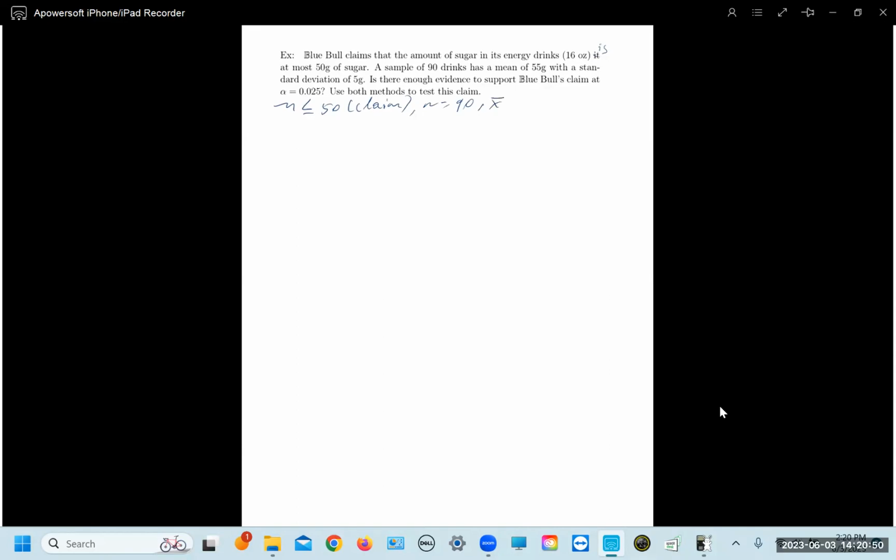And X bar is 55, that's the mean. The standard deviation sigma is 5. So we have step 1, H0: mu equal 50, HA: mu greater than 50. So this one is right tail.